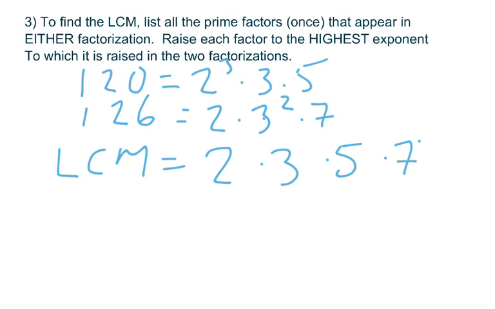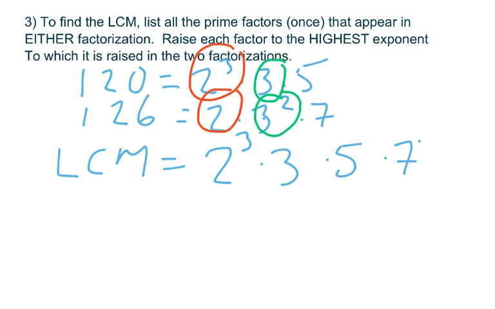And then for each one of those prime factors, you look at the highest exponent to which it is raised. So in the factorization of 120, you have a 2 to the third. In 126, you only have 2 to the 1. The highest exponent to which the 2 is raised is a 3. You pick the highest exponent. Likewise, among the 3s, you have 3 to the first, only 1 factor of 3 there, 2 factors of 3 here, 3 squared.